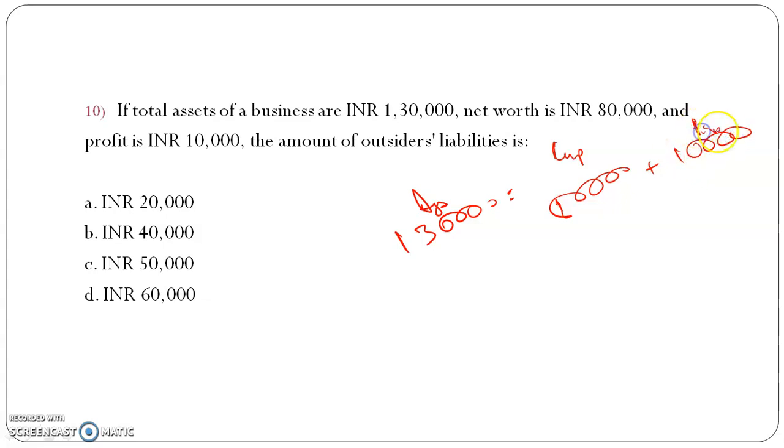This is what? Profit. That means it will be added to your capital only, and if there is a loss, it will be deducted, that will be the negative side of capital. Okay, and so plus liability. So you can easily find out the answer. Assets are 1,30,000, capital plus profit, that means 90,000. So liability will be, the correct answer will be 40,000 only. You have got the answer.